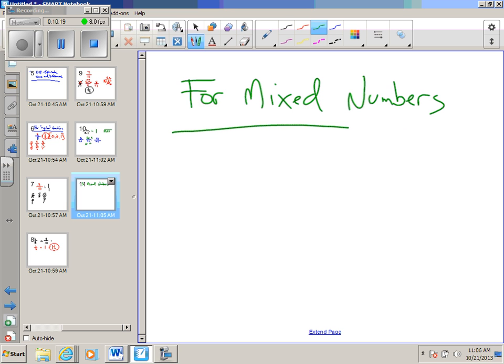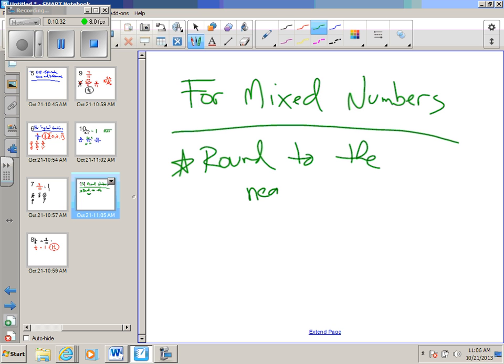For mixed numbers, we go by a different set of rules. And basically, that rule is we're going to round to the nearest whole.